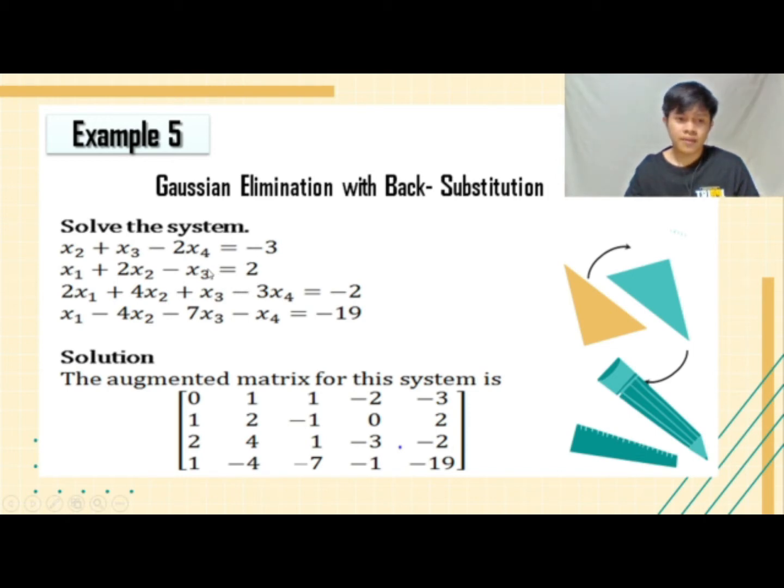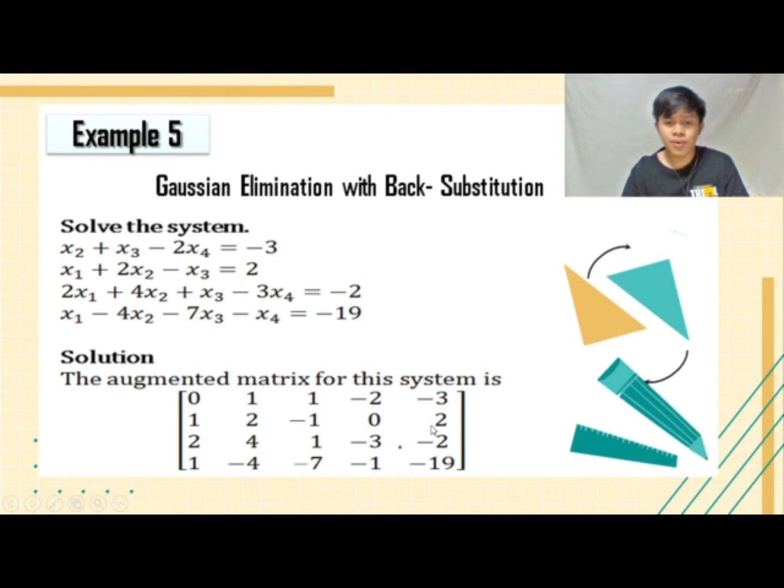In the second one, the x sub 4 was missing again, so we are going to write 0, and then equal to 2. So 2x sub 1 plus 4x sub 2 plus x sub 3 minus 3x sub 4 is equal to negative 2. So 2, and then positive 4, is equal to 1, negative 3 is equal to negative 3, and equal to negative 2.